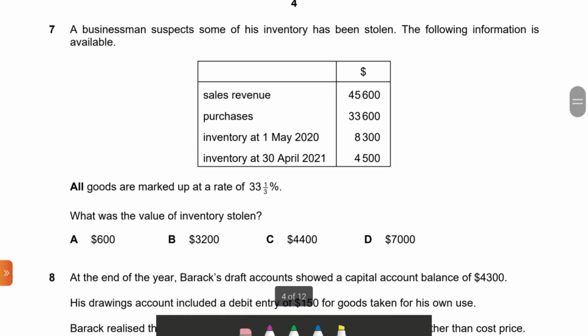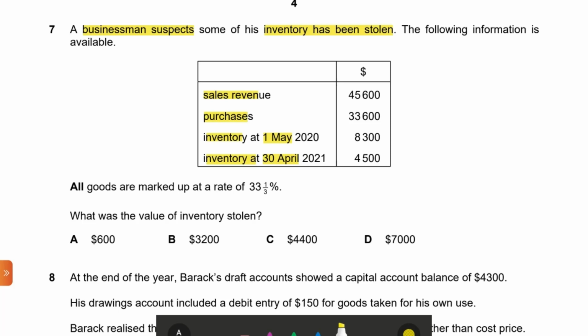Next, question number 7. A businessman suspects some of his inventory has been stolen. The following information is available: sales revenue, purchases, inventory on 1st May, inventory on 30th April.